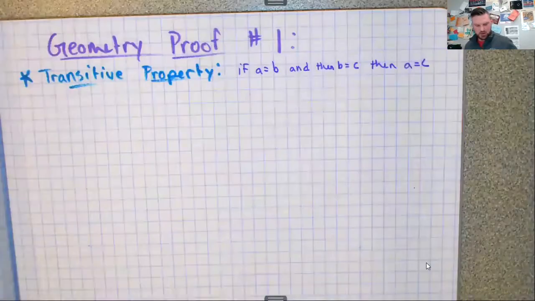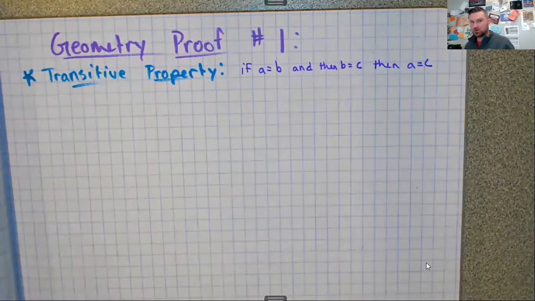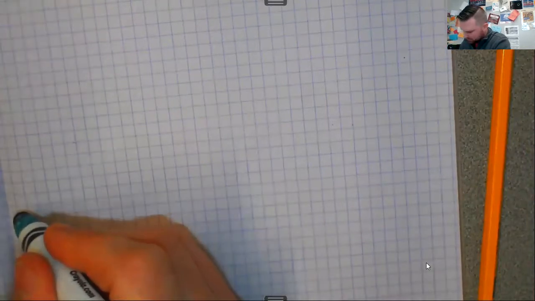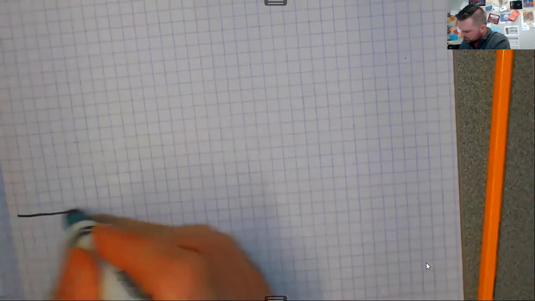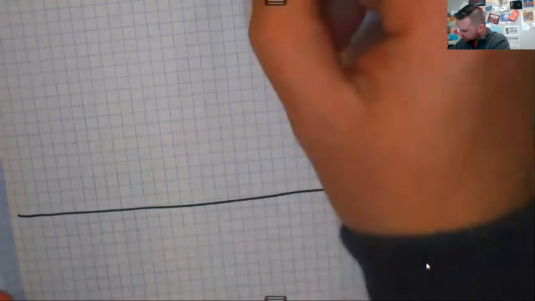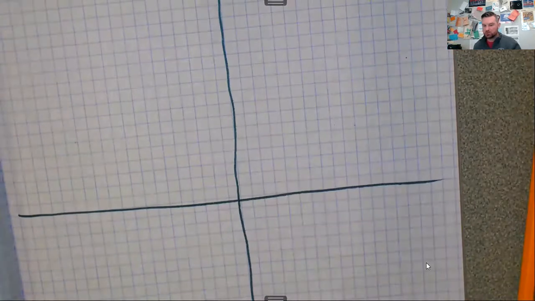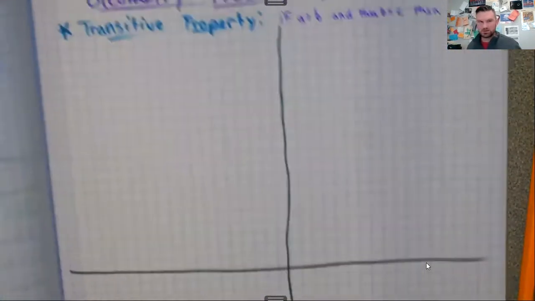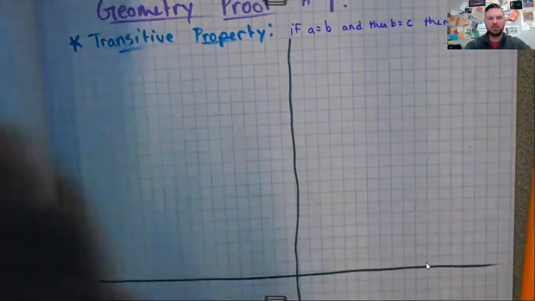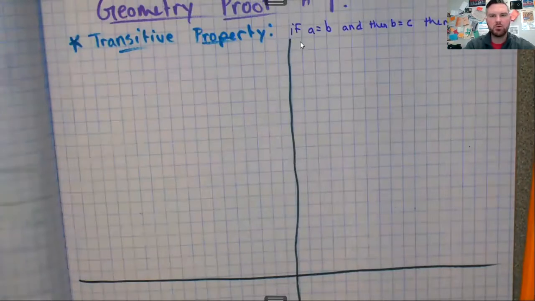Okay, we are going to have 4 geometry proofs on this section. So I'm just going to take my page here and split it up into fourths. Most geometry proofs will use the transitive property. And there was one more I want to point out.